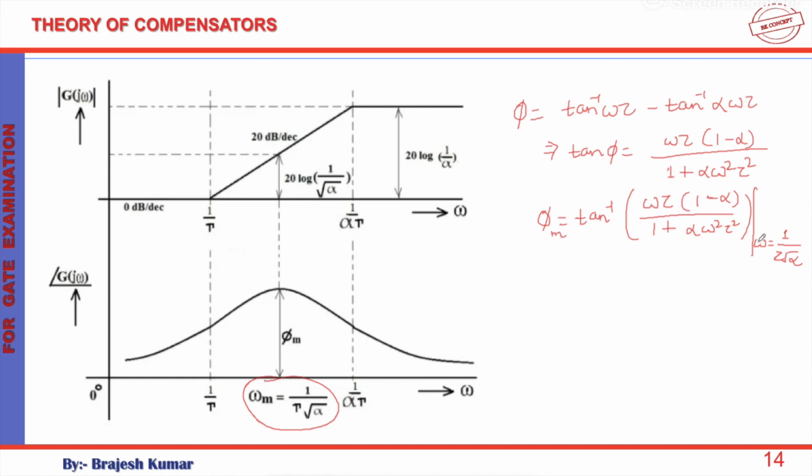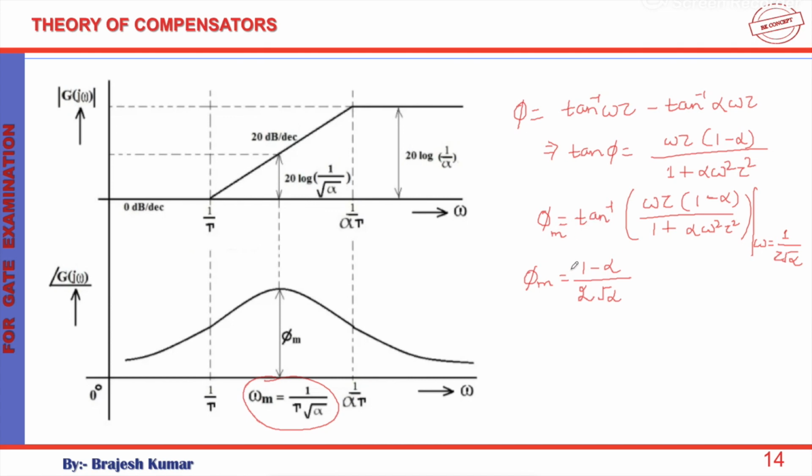So put this value of omega in the equation, and finally you will get a very nice equation: phi m is given by 1 minus alpha divided by 2 root alpha.